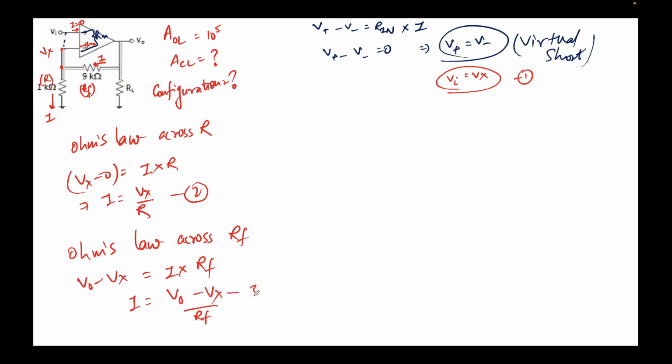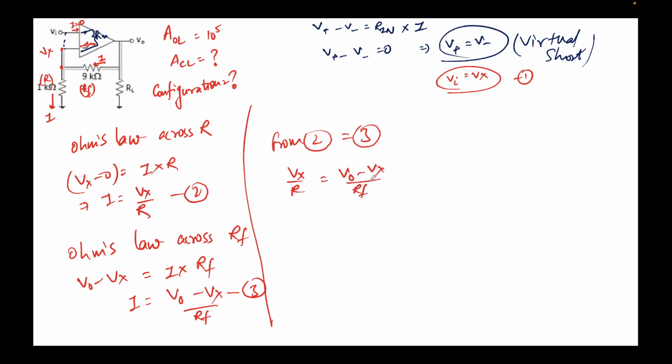Okay, now since I have the expression for current from 2 and 3, I can write 2 equal to 3. What I'll get is Vx over R equal to V0 minus Vx over RF. So I'll take RF on this side, so it will be V0 equal to Vx times 1 plus RF over R.